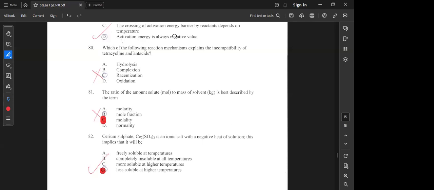It's confusing. Molarity is the number of moles of a compound present in 1 liter of a solution. Normality of a solution is the gram equivalent weight of a solute in 1 liter. The one is giving moles, the other is giving gram equivalent weight.